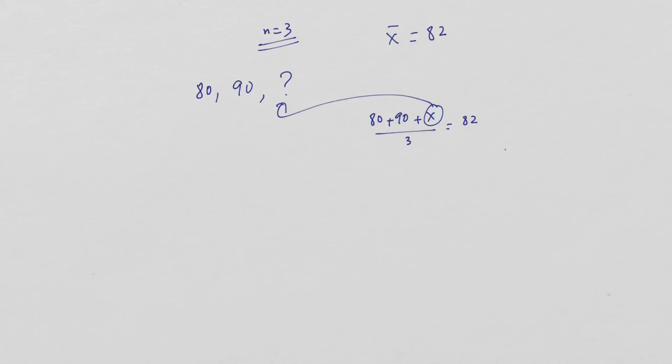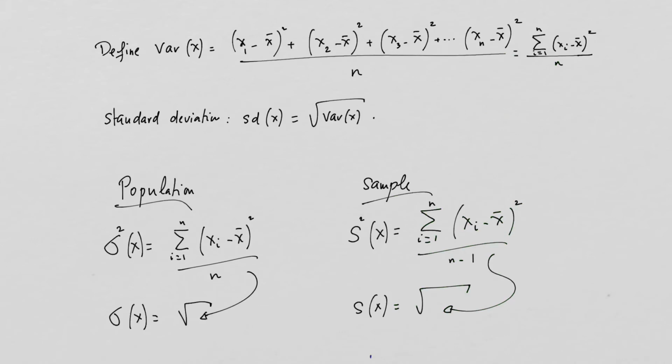In other words, if I just know 2, I have enough information to draw conclusions about all of them. So when you are dealing with a sample, your degrees of freedom is actually just n minus 1. You don't need to have n at your disposal.